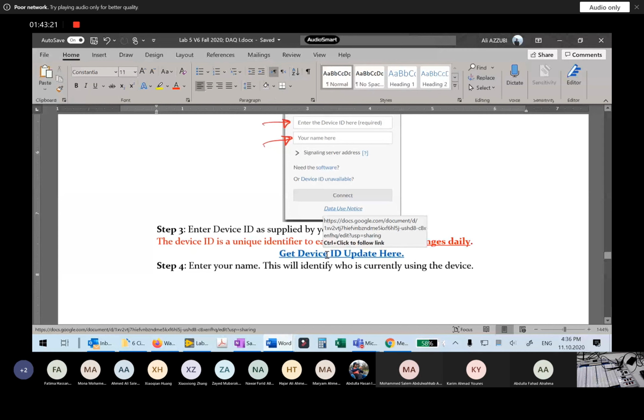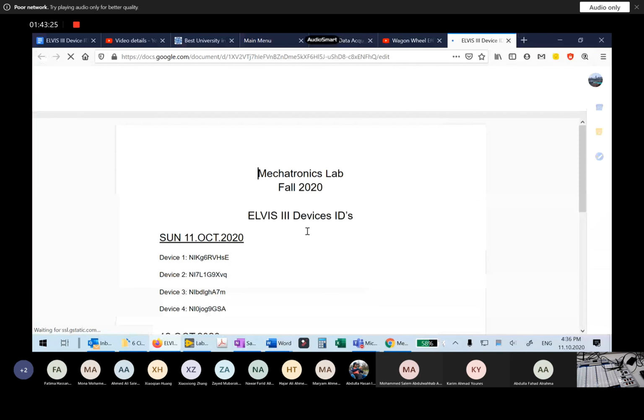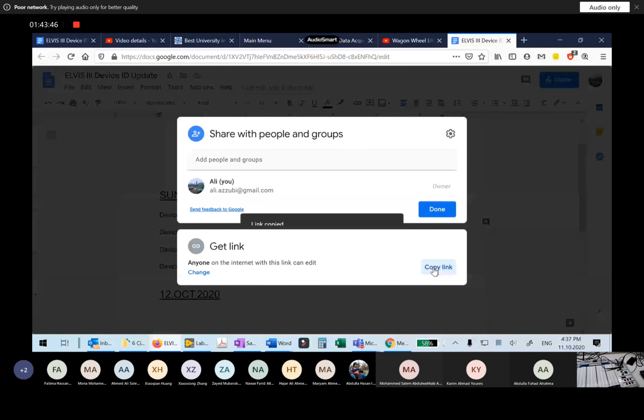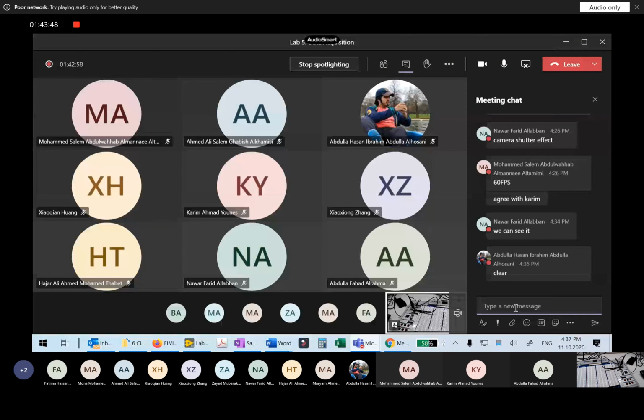So let's get the available IDs for today. All right, so today I have these IDs. All of them begin with a capital I, and then some number. I'll share this with you, and you can use any ID. Let's copy the link, and I will paste it here on the chat.